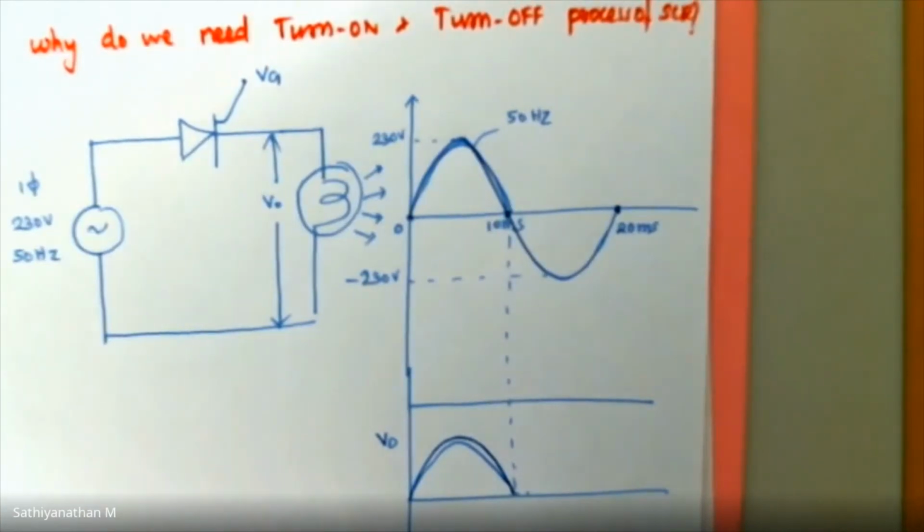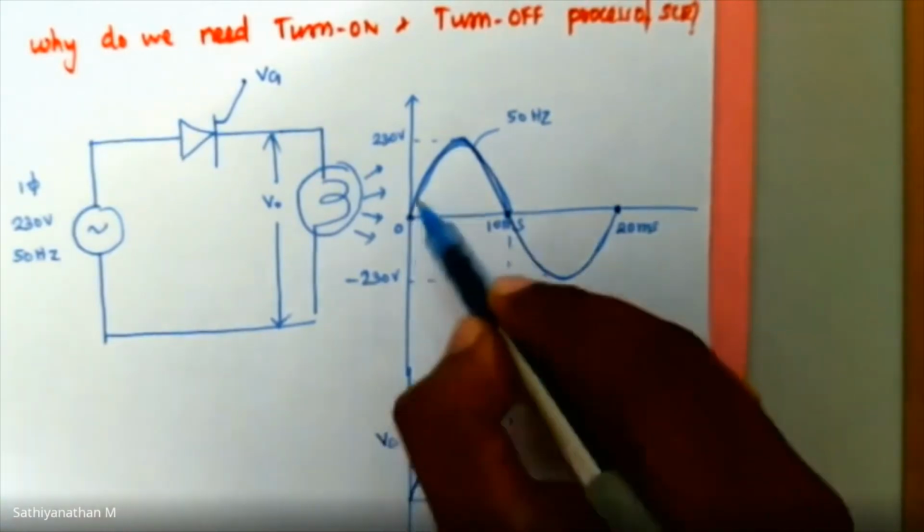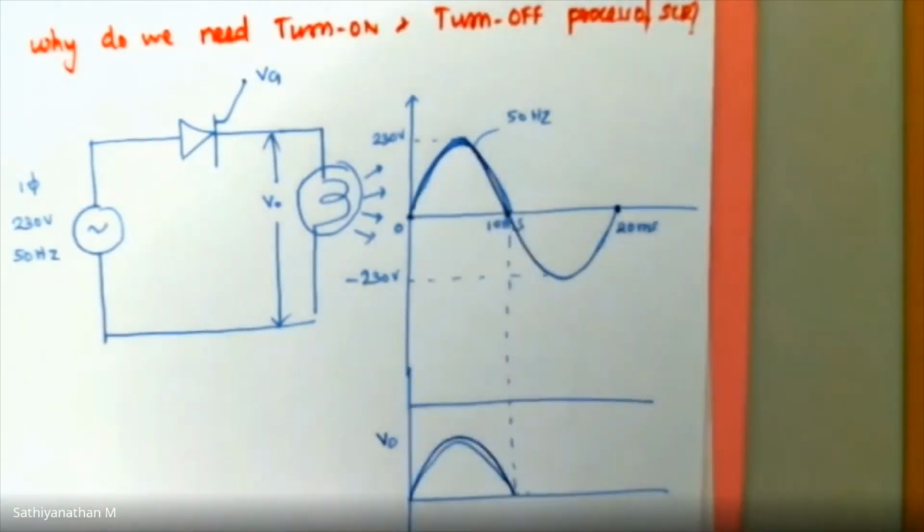If you take the duty cycle of our college, we are working 8 hours per day, 24 hours. In 24 hours, 8 hours is our active time in college, right? 8 by 24, you will get some number that is called duty cycle. Similarly, for this input voltage, if you want to get this output, what will be the duty cycle of this device? How much time duration should the device be inactive to get this output?